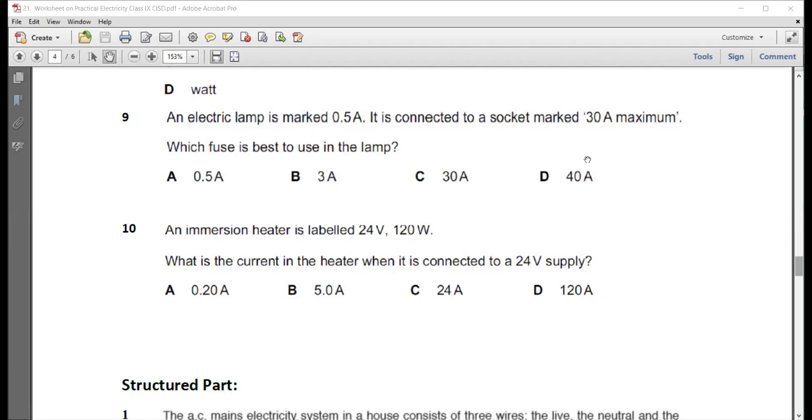Yes, sir. Sure, sir. You cannot finish the structured part in time. Okay, you also want the MCQs, huh? Yes, sir. Sir, make it easier also, please.